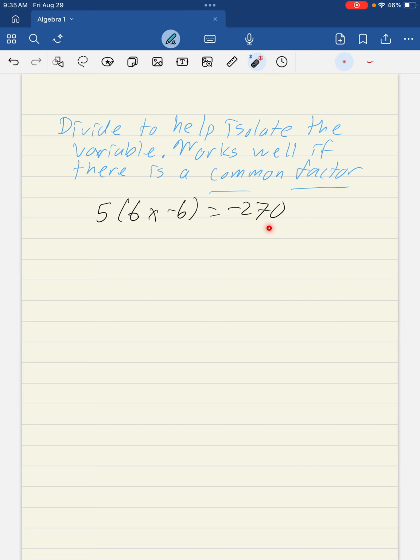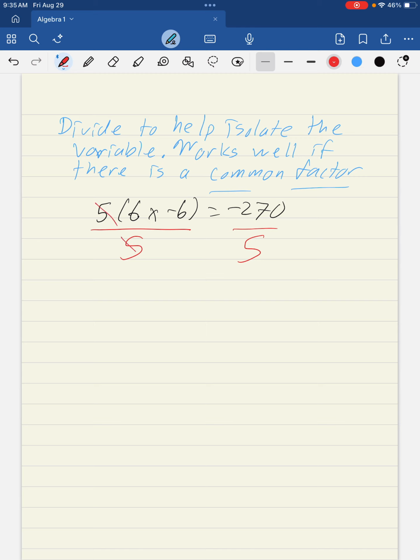Well, I know anything that has a 0 at the end is divisible by 5. If you're not sure, you can just put it in your calculator, and if you get a whole number or an integer, you're going to be fine. So I can divide both sides by 5 and watch what happens.